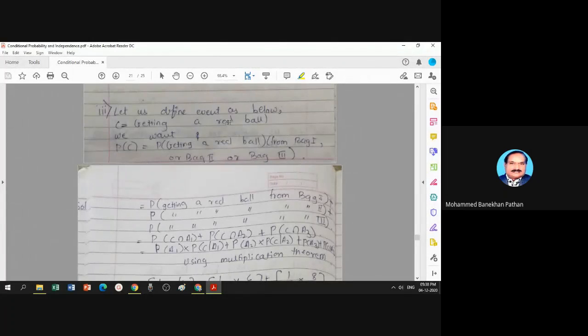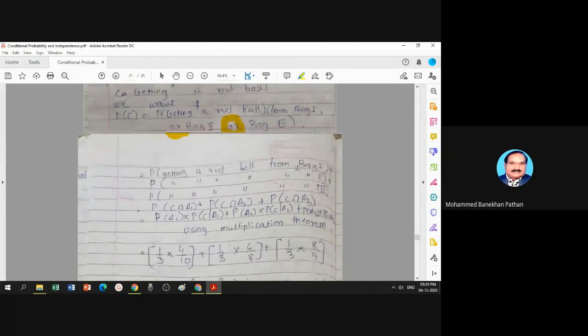You may get a red ball from bag 3. So the chance of getting red is equal to the chance of getting a red ball from bag 1, or bag 2, or bag 3.